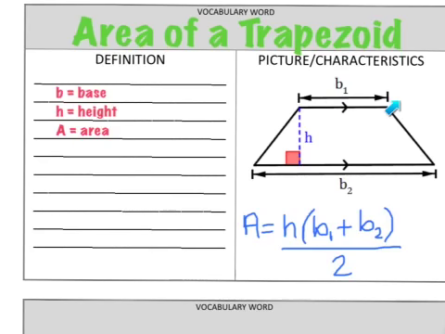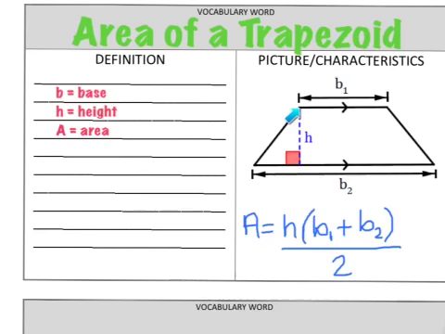It really doesn't matter. And then we also need the height. So how tall is it? Be careful. This right here is not the height. The height is from base 1 to base 2. It's that distance, that length, that forms a right angle with the base. So it has to be this. This is your height, not this.